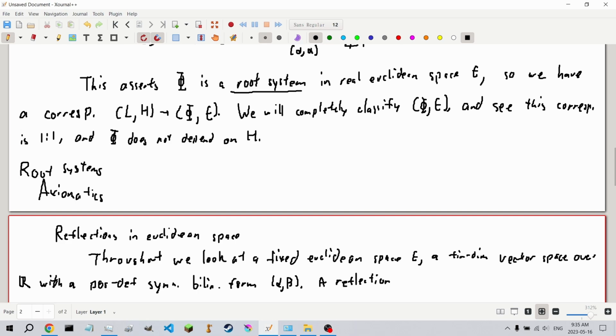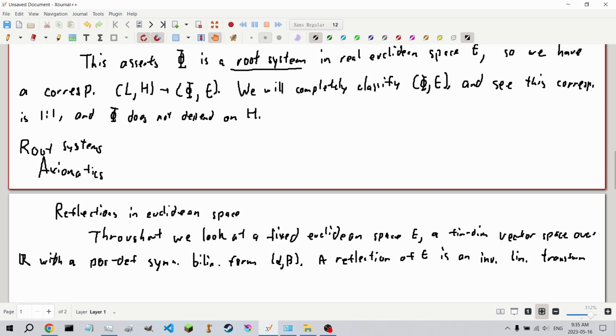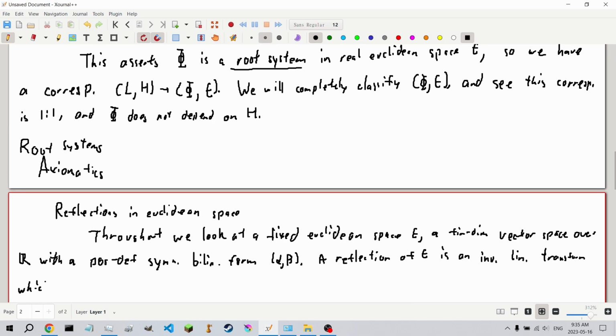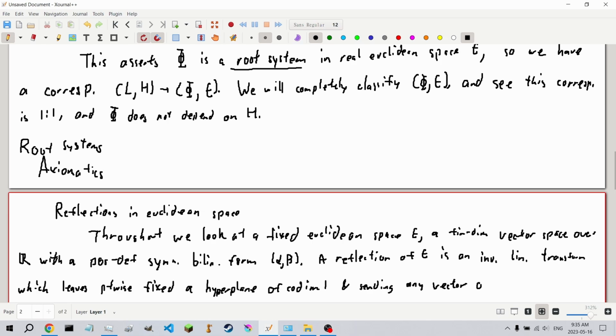A reflection of E is an invertible linear transform which leaves pointwise fixed a hyperplane of codimension 1 and sends any vector orthogonal to that hyperplane to its negative.